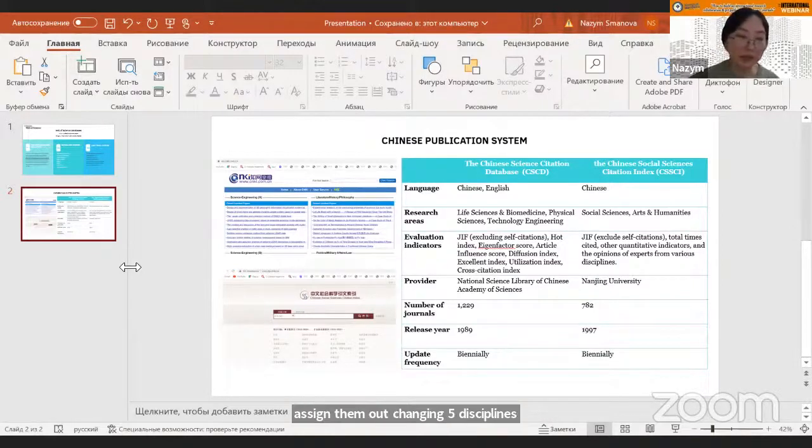Extended source journals after evaluation could also be qualified and transferred to core journals. And these journals must be in Chinese.